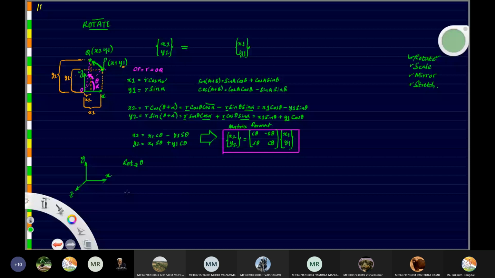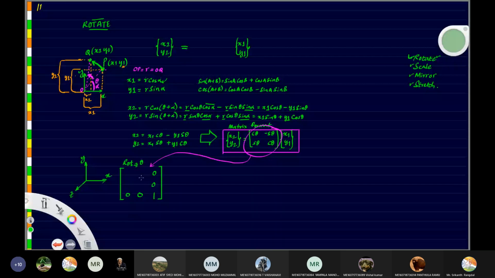Fine. So when you are doing rotation about z-axis, let me first write the normal equation. When you are doing the rotation about z-axis, the third column and third row will remain like this. Fine. And this part will directly come over here.